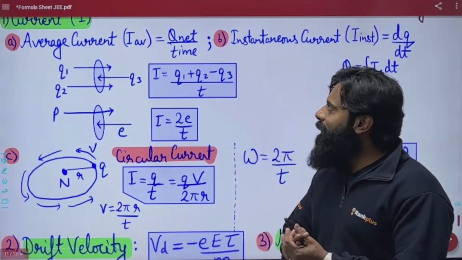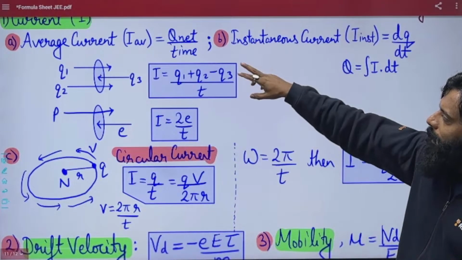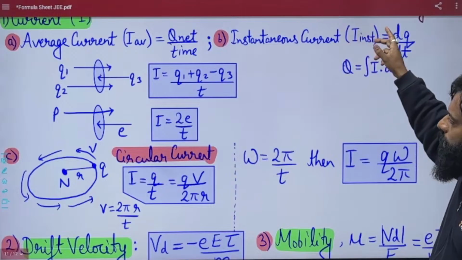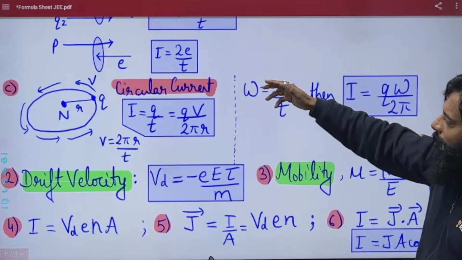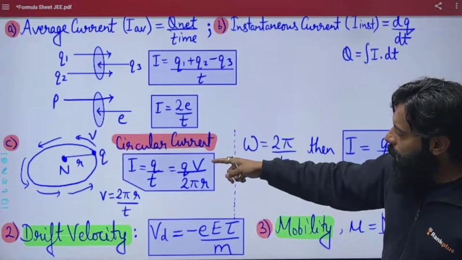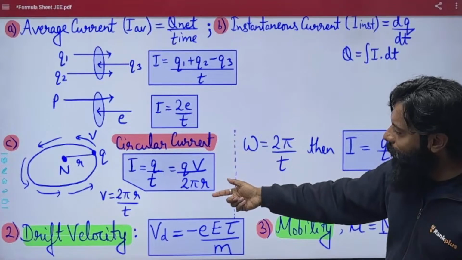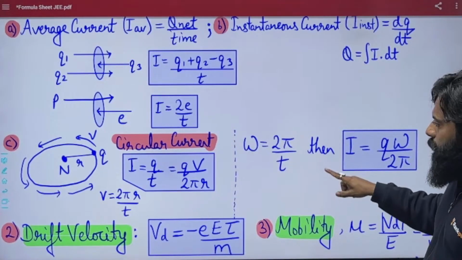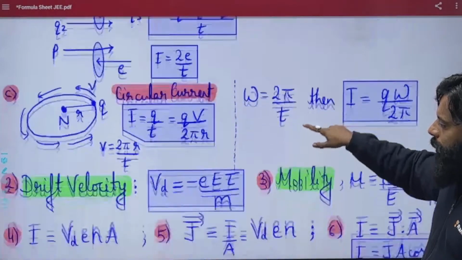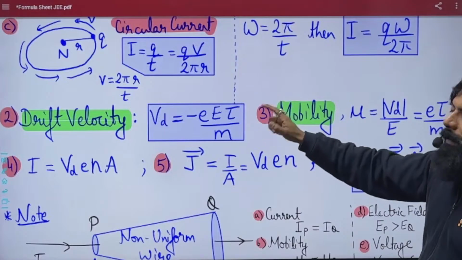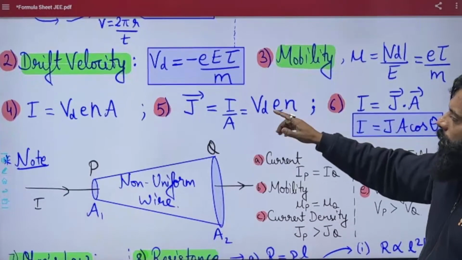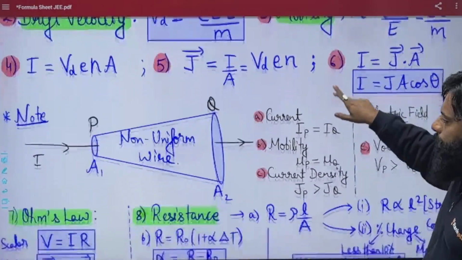For the average current, you have to find Q net divided by time. For the instantaneous, you have to differentiate it. To get the circular current, you take QV divided by 2 pi r, right? And omega is 2 pi by T. For drift velocity, we have the formula minus eE tau by m. These are some formulas which you should remember.